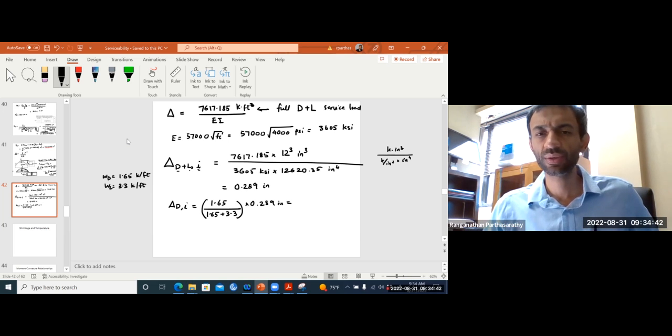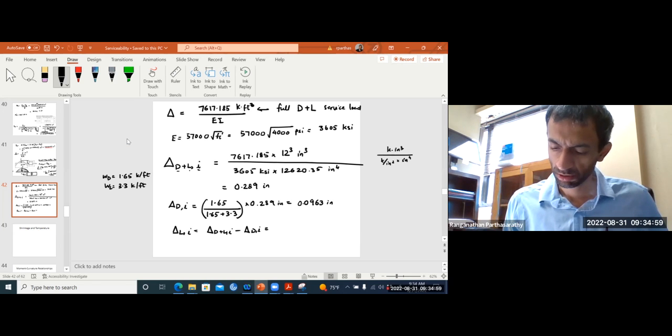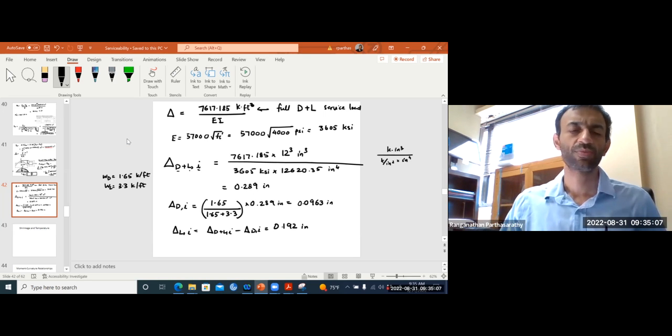That gives 0.0963. So delta L I is delta D plus L I minus delta D I. So that is 0.192 inches.